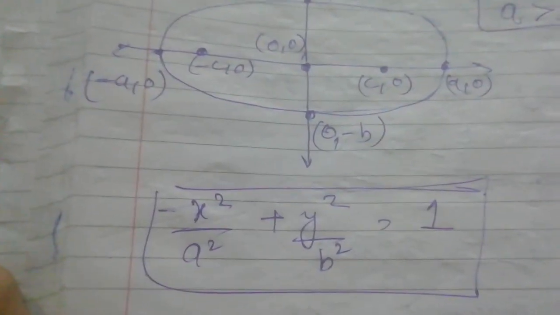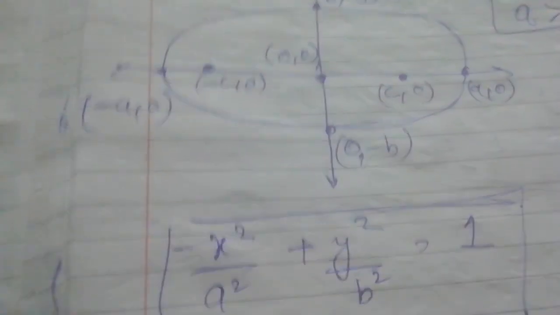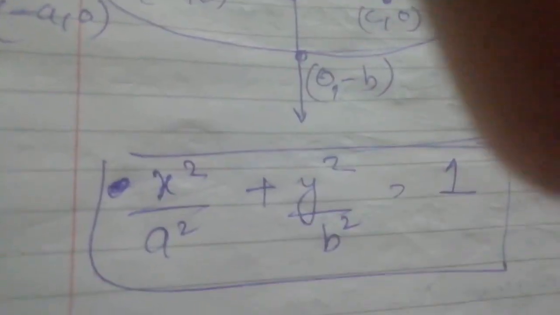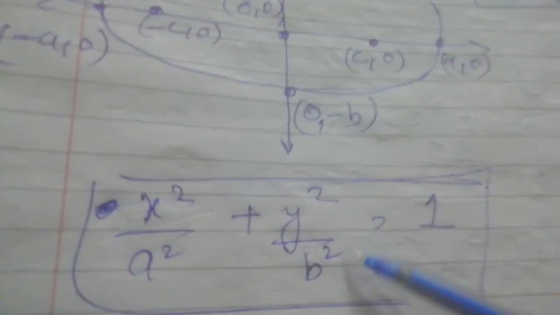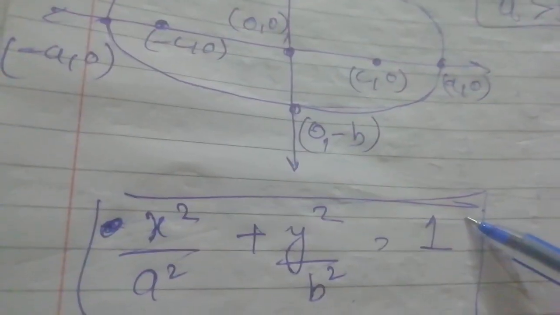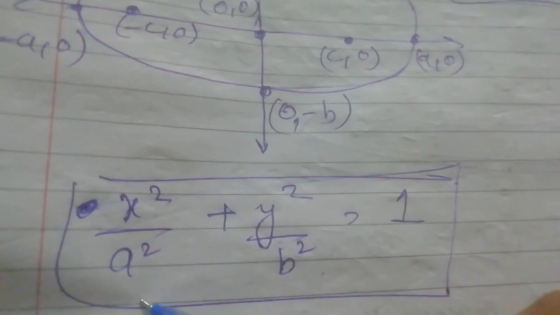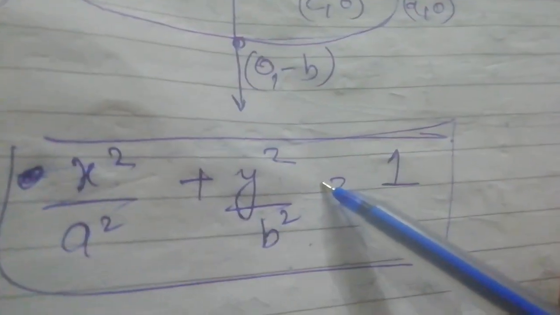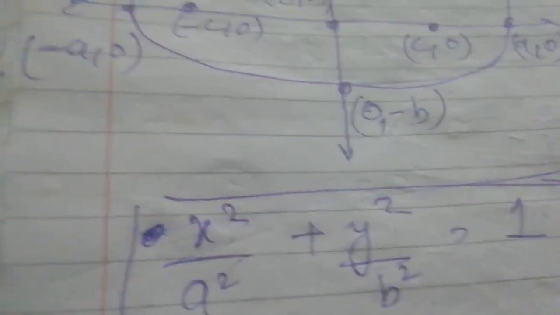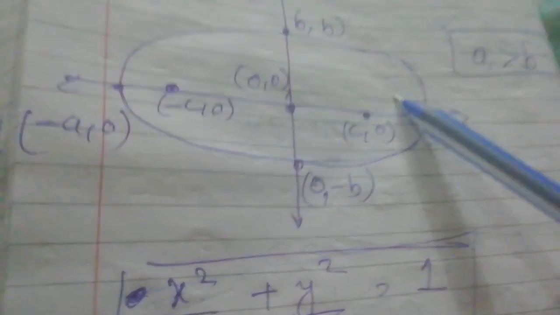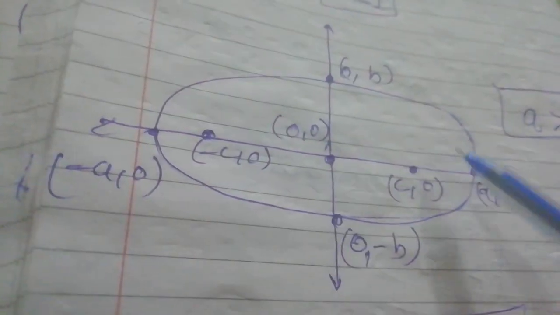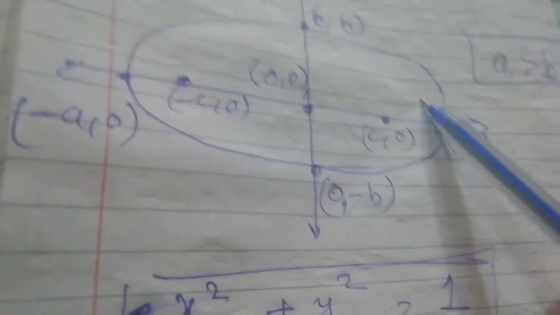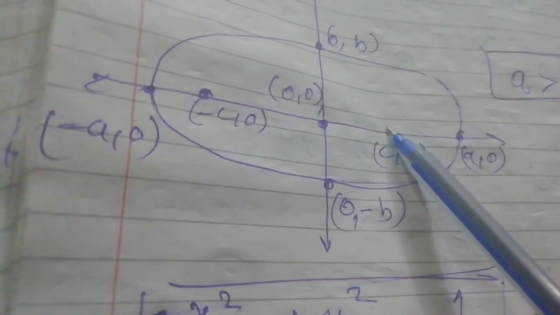The equation of the ellipse is x squared upon a squared plus y squared upon b squared equals 1. But this is the equation for the ellipse formed along the x-axis, in a horizontal manner.